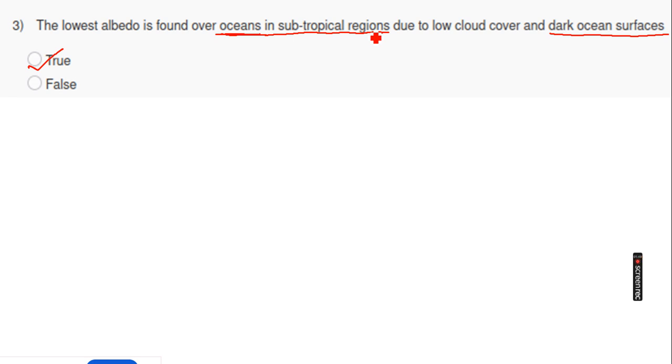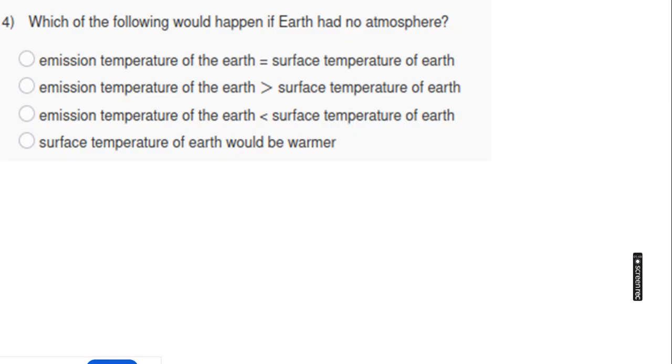In that, we saw that over the subtropical regions, sinking of air parcels happens, which leads to low cloud cover over the region. Low cloud cover means more radiation will be incoming. So because of that, oceans generally have very low albedo, and where the incoming solar radiation is high, the absorption will be high. That's why the subtropical oceans have the lowest albedo compared to all other ocean surfaces. So this is actually true.